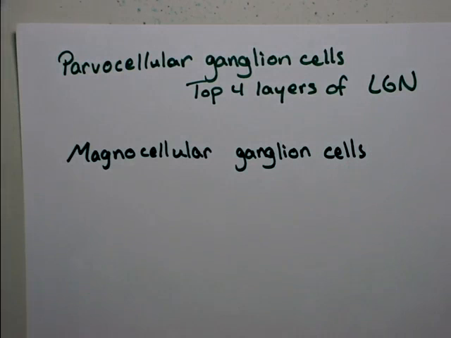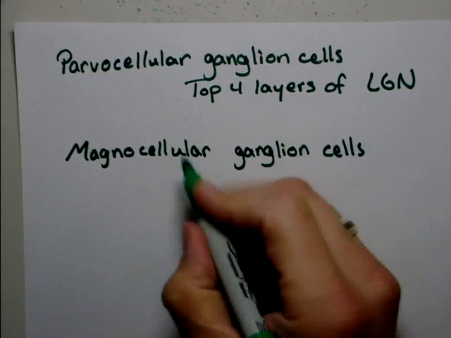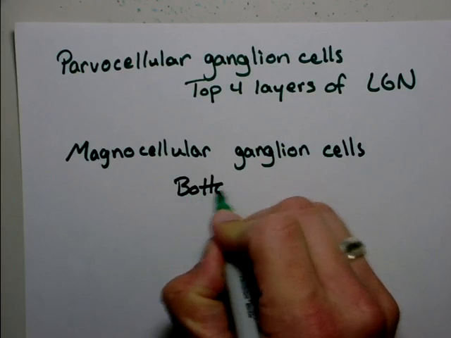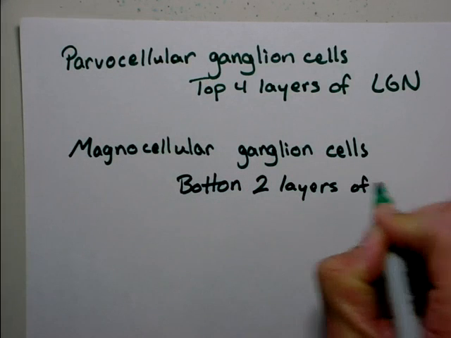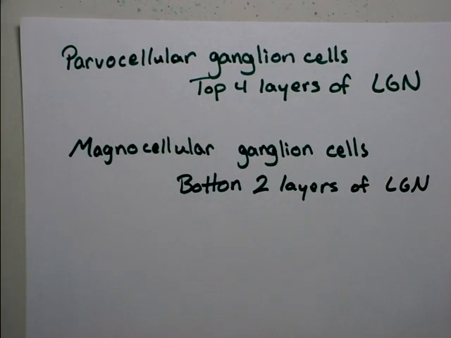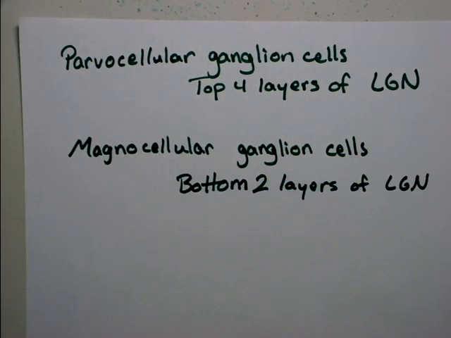These are larger bodied and they have larger receptive fields. These project to the bottom two layers of the LGN. Okay?